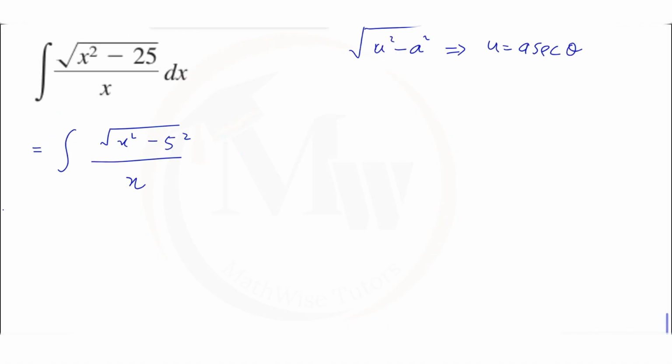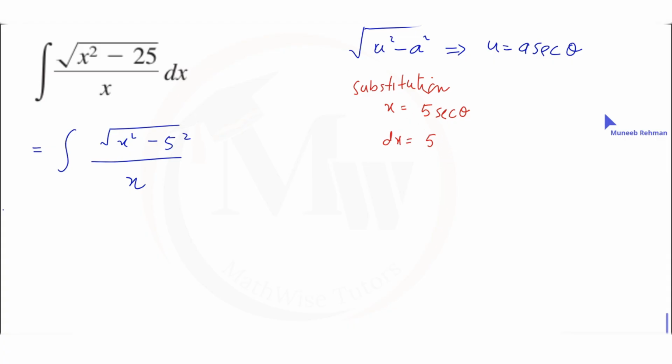Now do the substitution. This is substitution, because we do the resubstitution at the end. So x is equal to 5 secant theta, and dx will be equal to 5. What is the derivative of secant?